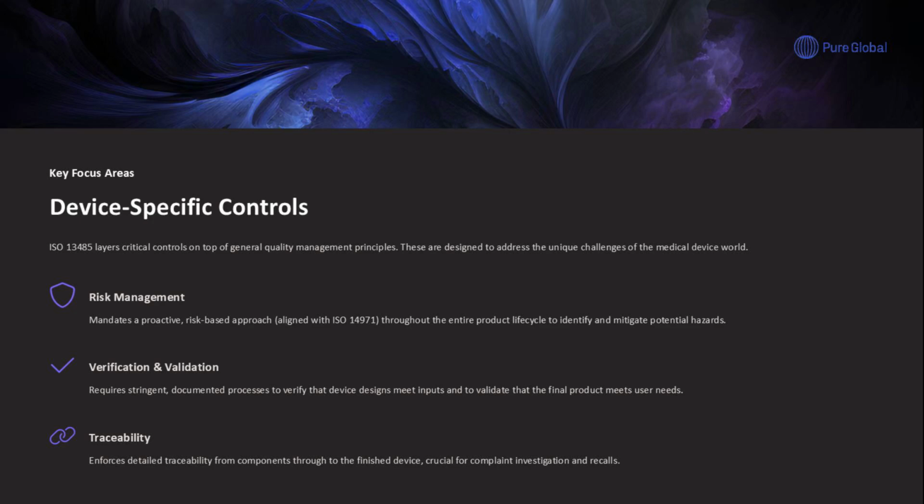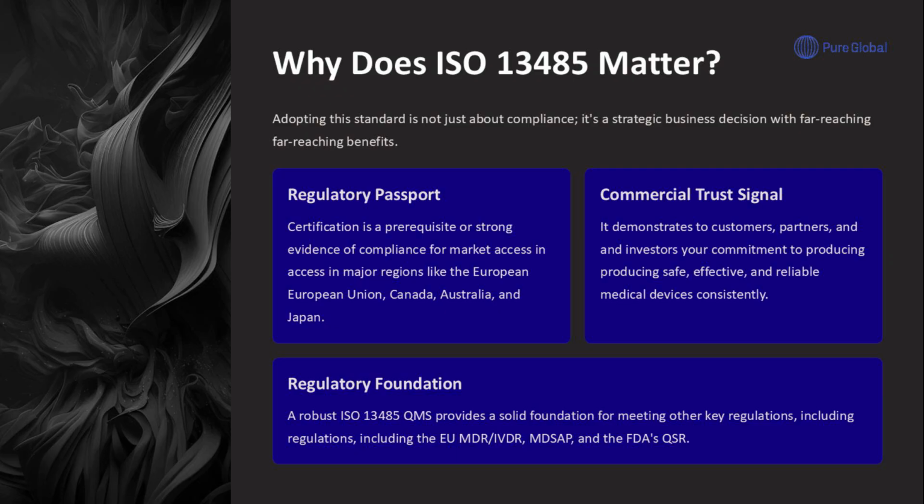ISO 13485 emphasizes device-specific controls, addressing the unique challenges of the medical device world. Key focus areas include risk management, verification and validation, and traceability, ensuring that every aspect of the device lifecycle is meticulously managed. ISO 13485 is more than just compliance.